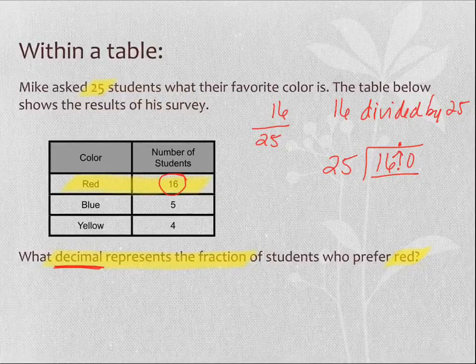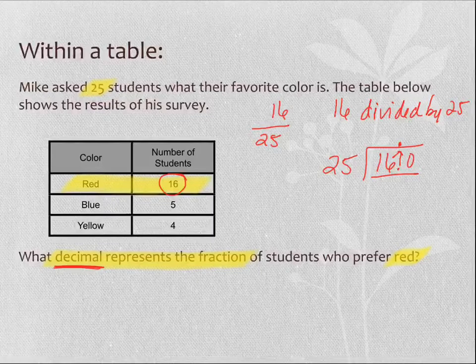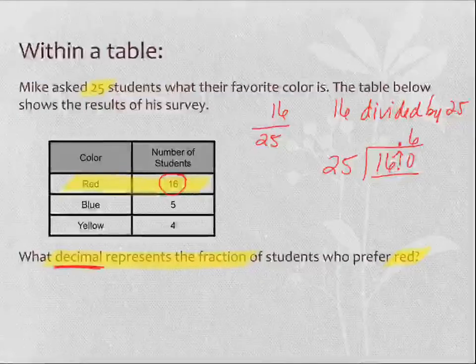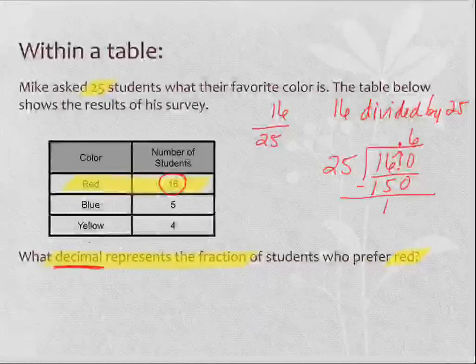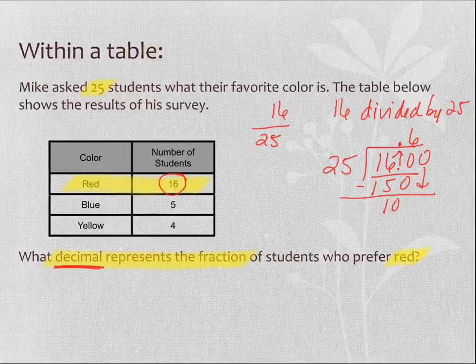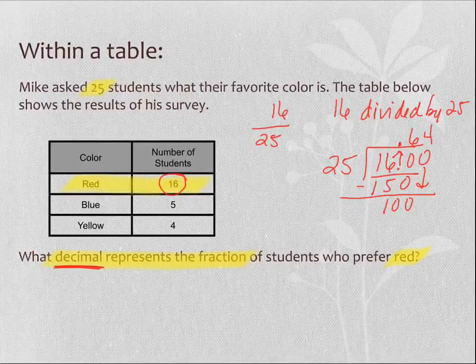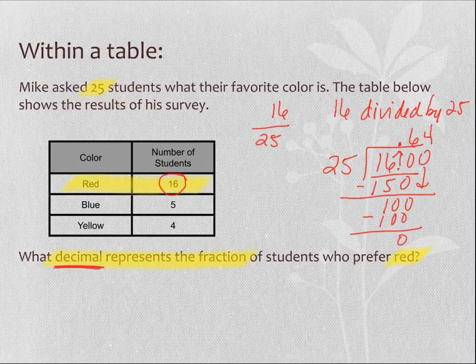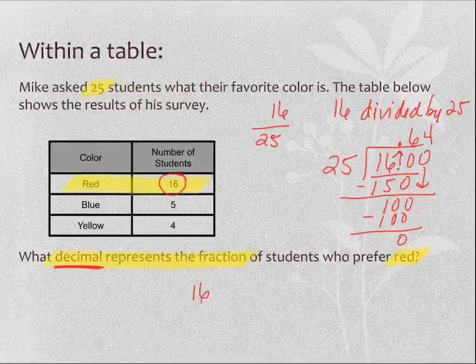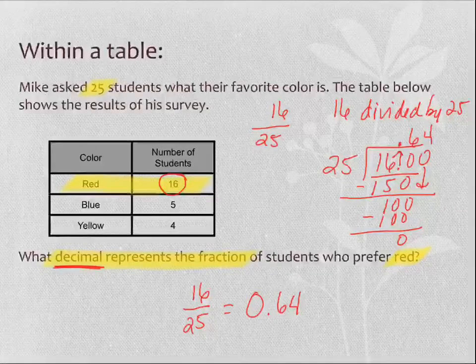Just think of them as quarters. 160 divided by 25 would be 6. 6 times 25 is 150. Subtract, and I have 10 left, so I'm going to add another 0 and bring it down. 100 divided by 25 is 4. Subtract, and I'm left with nothing. So that means that 16/25 is the same as 64 hundredths.